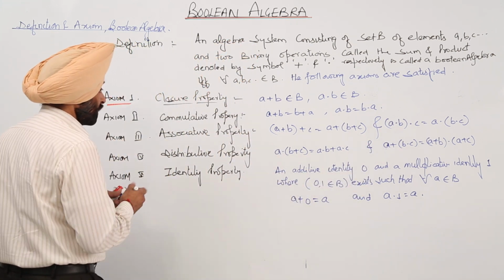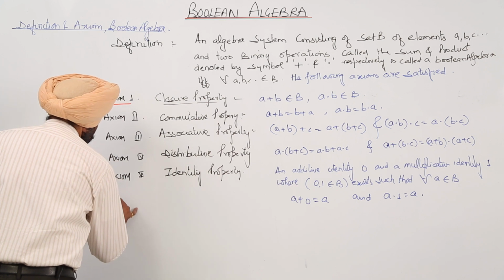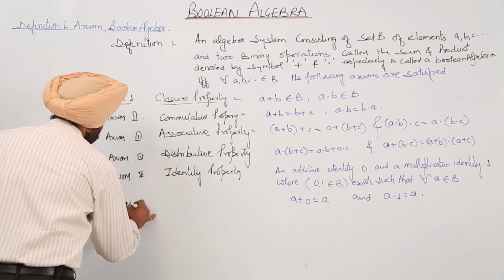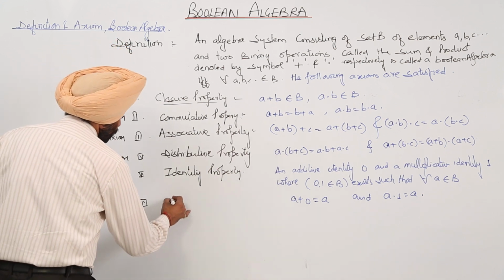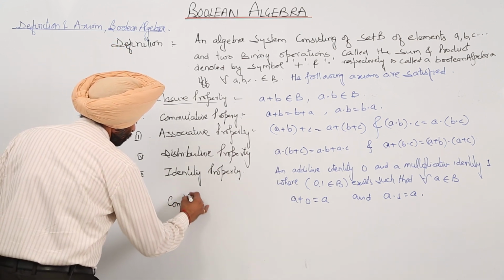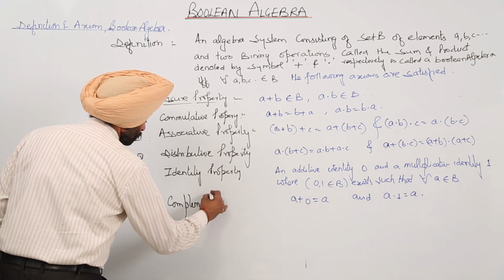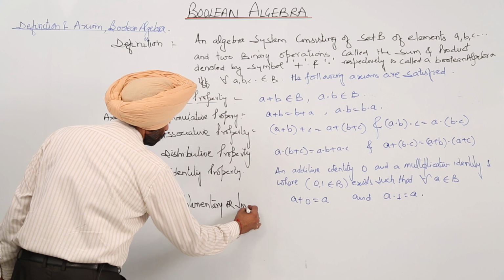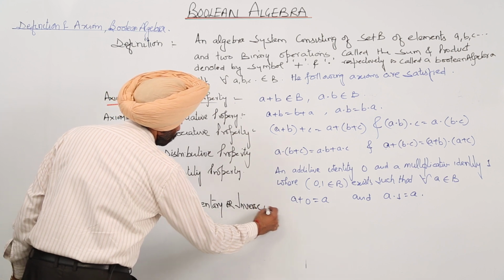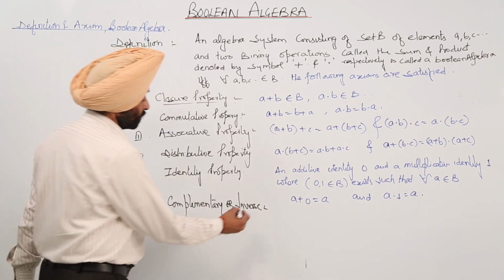And then we have the last one. Now, axiom 6, what does it mean? Complementary or inverse. This is the property, complementary or inverse.